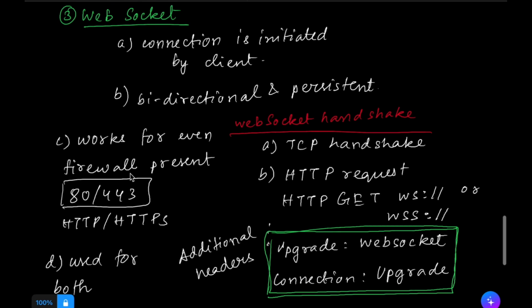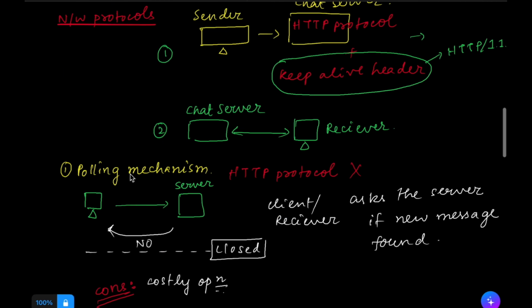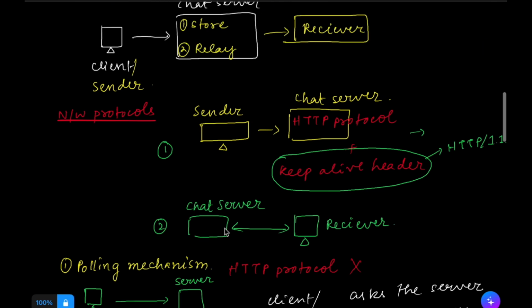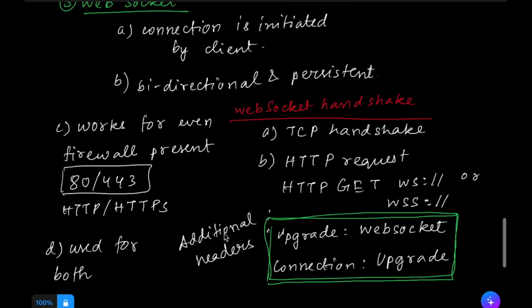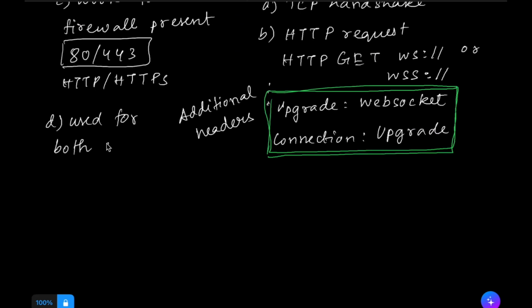Earlier, mind you, we discussed that the sender communicates with the chat server using the HTTP protocol, but it has been found that the WebSocket protocol can be used for both the sender side and the receiver side, and thus we use it for both to communicate with the chat server. This is an important upgrade which we have.